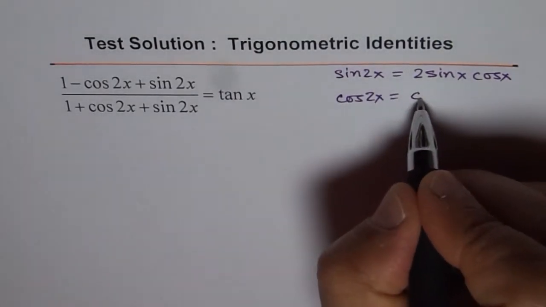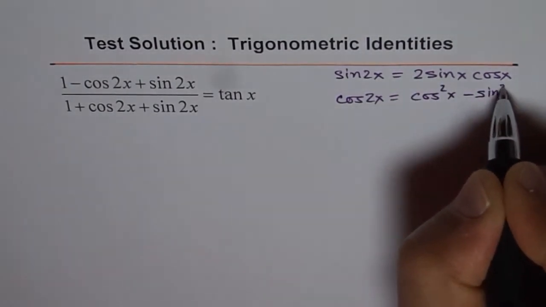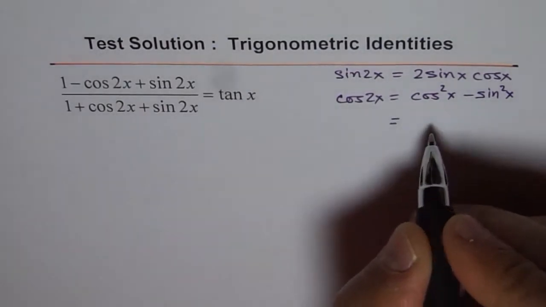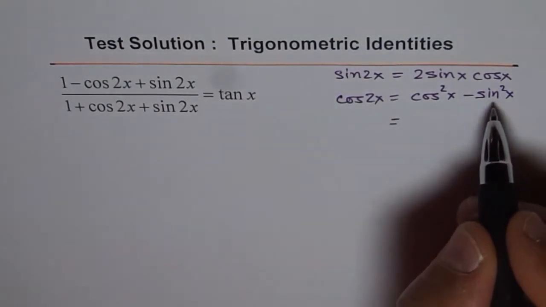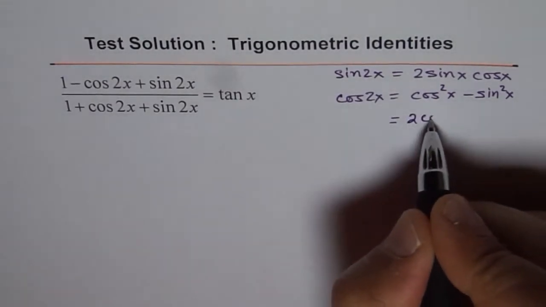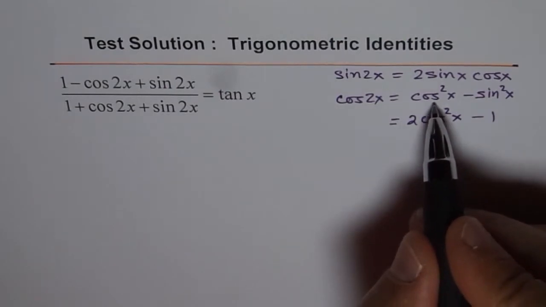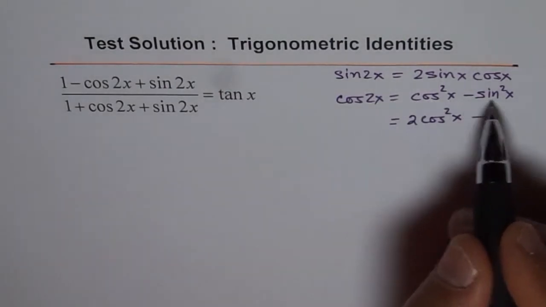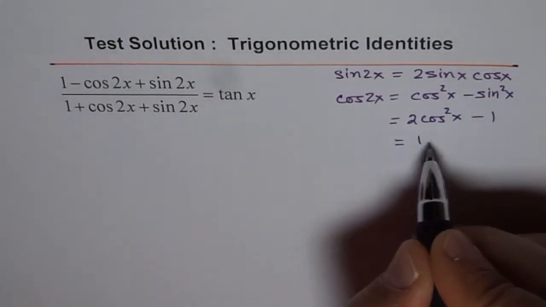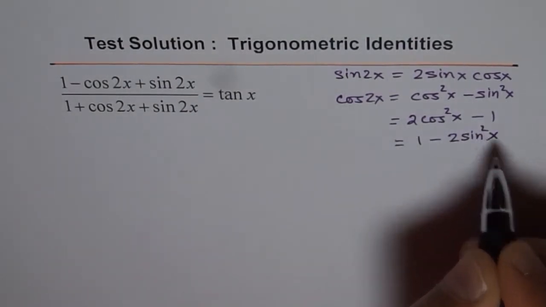It is equal to cos square x minus sine square x. It is also equal to, if I write sine square x as 1 minus cos square x, 2 cos square x minus 1. But if I write cos square x as 1 minus sine square x, in that case I get 1 minus 2 sine square x, right?